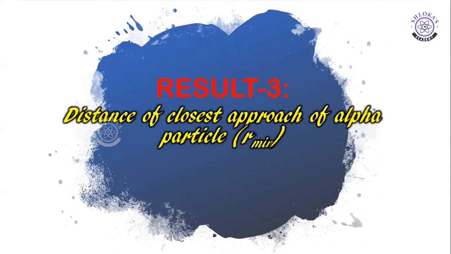They are a very huge number and they are moving away from the nucleus. That is why they are not getting any deflection at all. And the second is the few alpha particles which got deflected through small angles. That means these are slightly moving closer towards the nucleus.